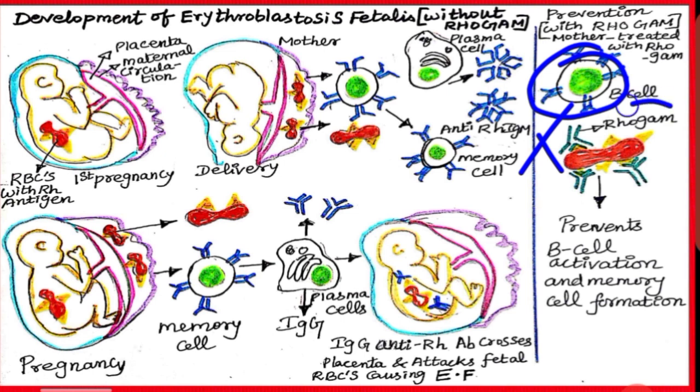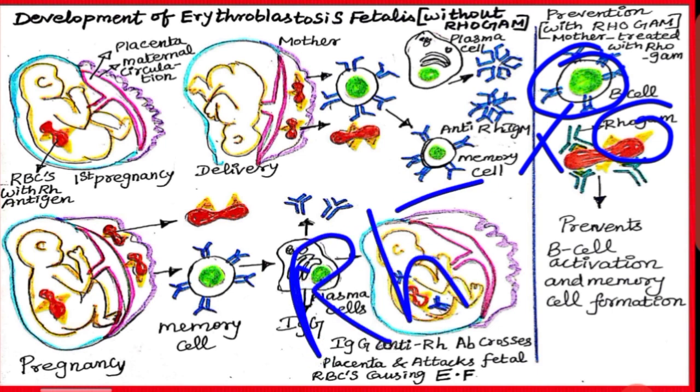This ROGAM injection is administered by the medical practitioner to the mother who has Rh negative blood. It will stop the activity of the memory cells which are ready to make the antibodies. It finds all the Rh positive RBCs and destroys the RBCs of the child immediately after the first delivery.